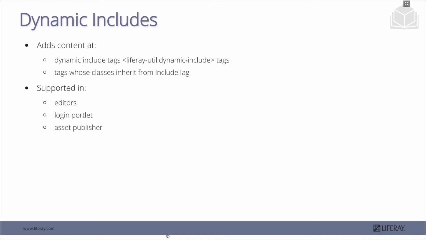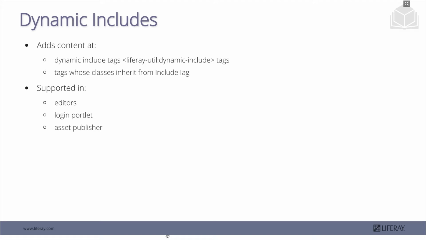The injection points are denoted by the dynamic include tag, and these tags inherit from the class include tag. Some places where dynamic includes are supported are within our editors, within the login portlet or login application, as well as the asset publisher.